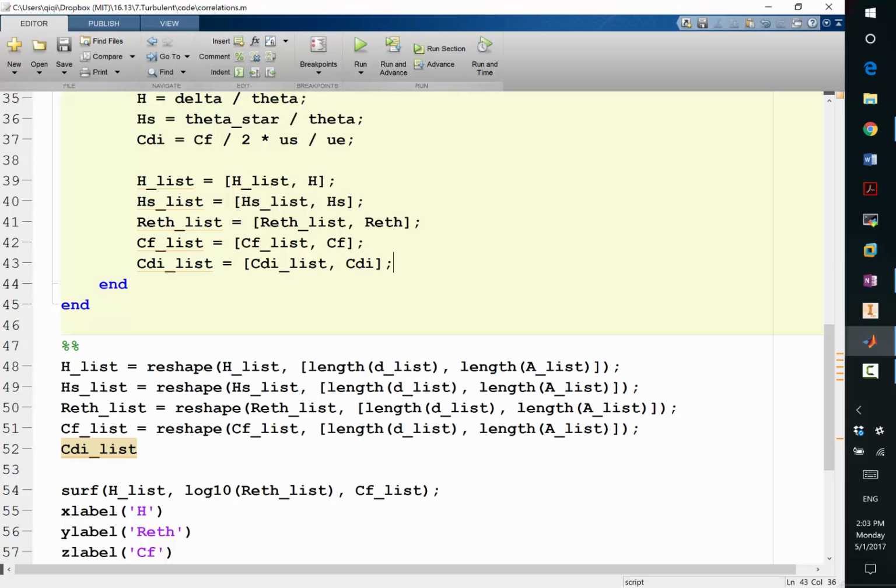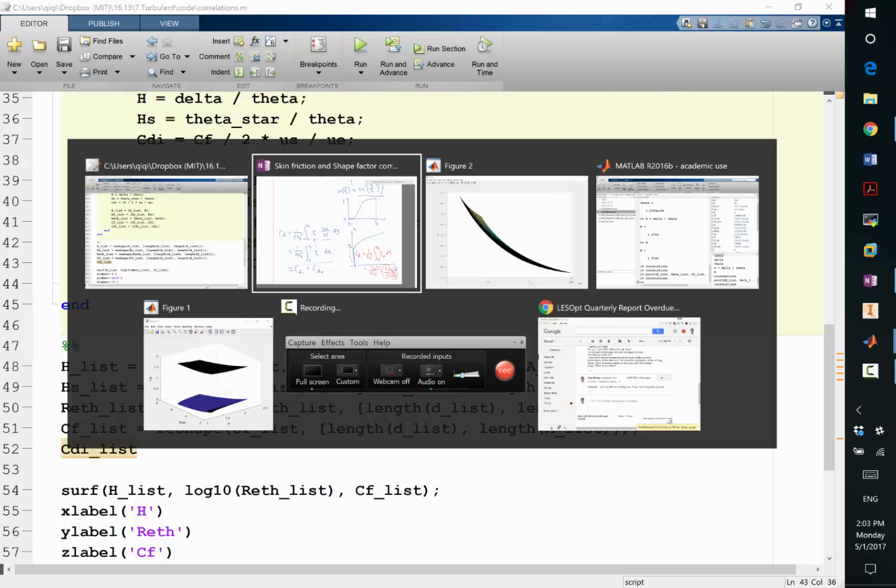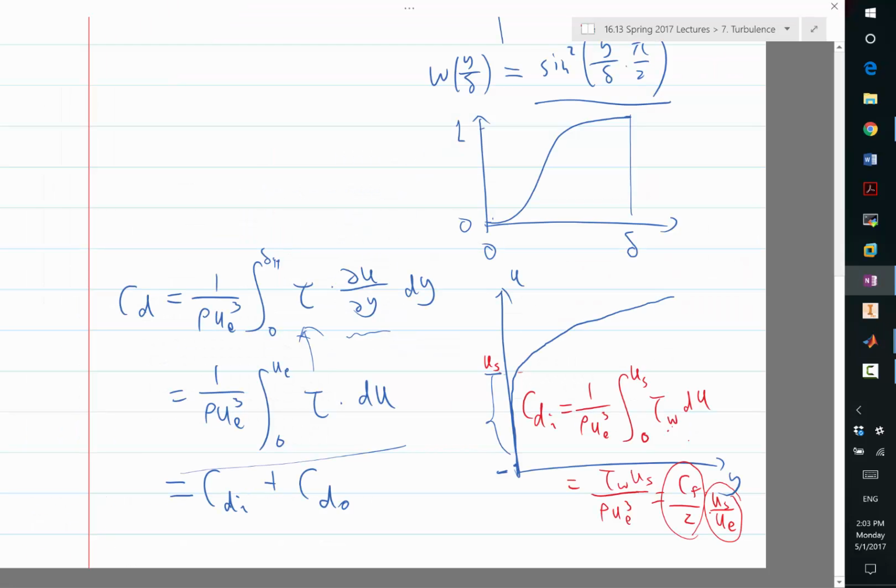If you write down the thin layer Navier-Stokes equation, and in the very inner layer you ignore the pressure gradient and everything, what you end up with is the equation that the laminar stress plus the Reynolds stress is equal to a constant in the inner layer. And tau here is the laminar plus turbulent stress, so tau L plus tau turbulent.